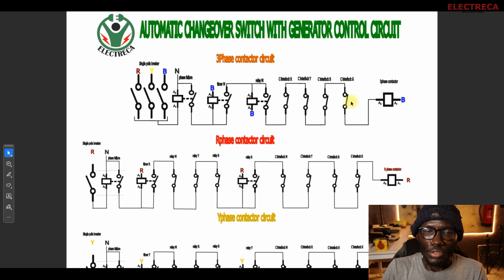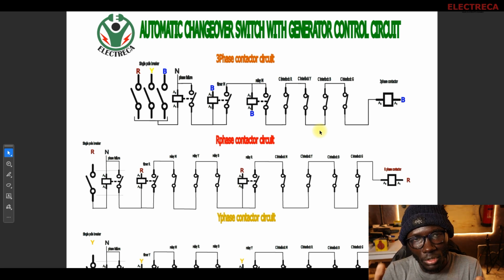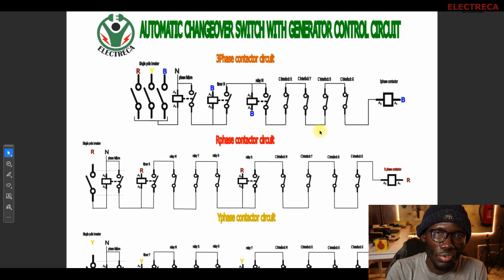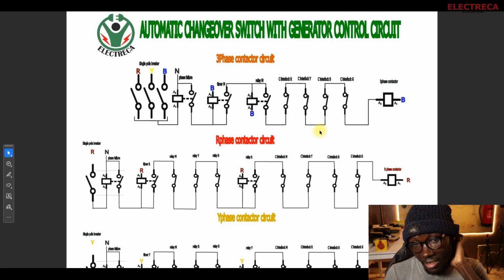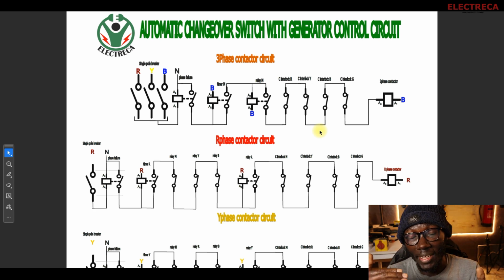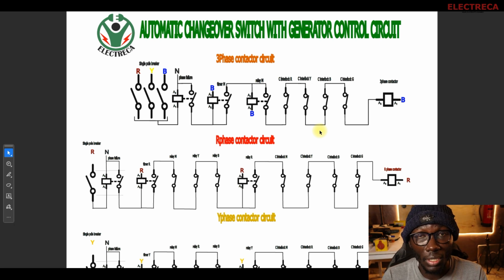Most people are used to A1 being your phase and A2 your neutral, and to controlling live, the hot wire, the phase wire. But in this system we are controlling neutral, because neutral is easy to handle.